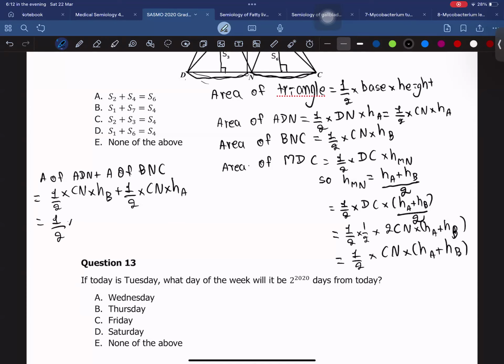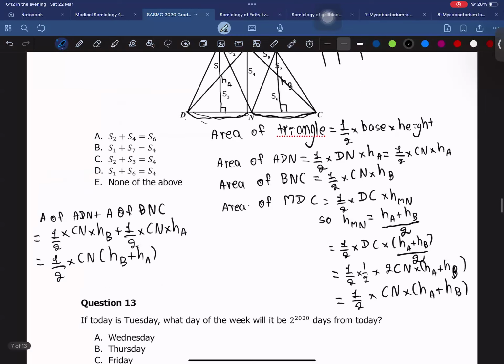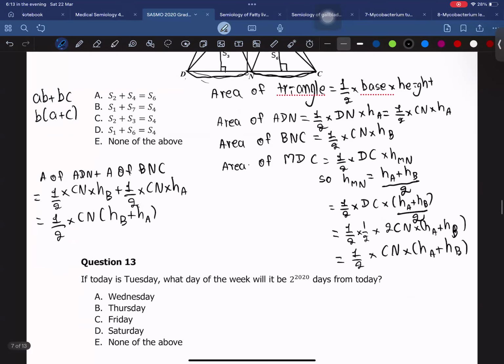So we have 1 over 2 times CN times HB plus HA. As I already explained in the first week, AB plus B is equal to BA plus 1, something like that. Or you can write it as C. So as we can see here, the area of MDC and the area of ADN plus the area of B and C are exactly the same.